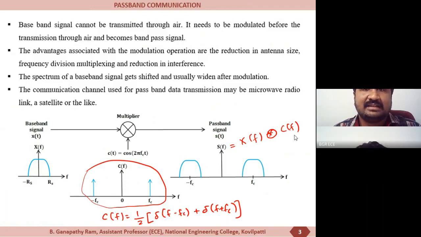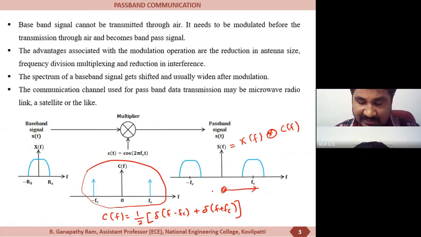While convolving a signal with a shifted version of the Dirac delta function, that particular signal is shifted to that delta position. So here the entire spectrum of the baseband signal will be shifted to Fc.